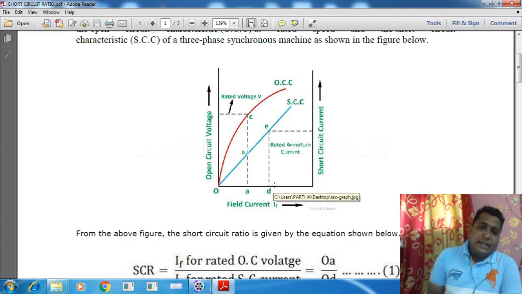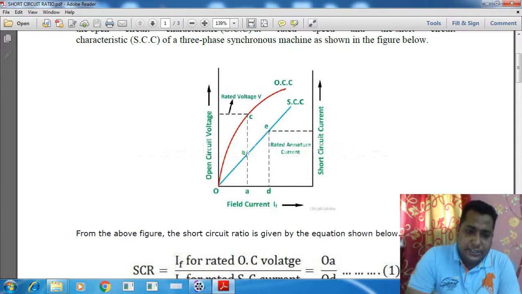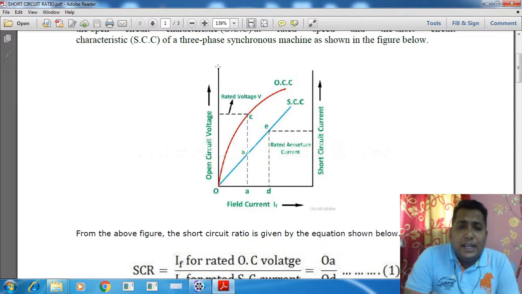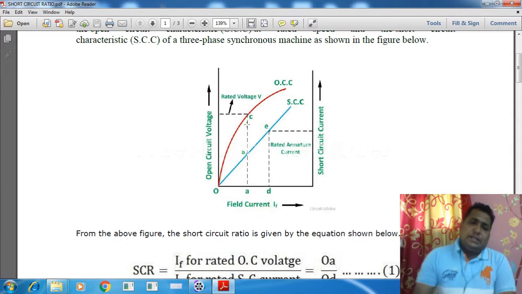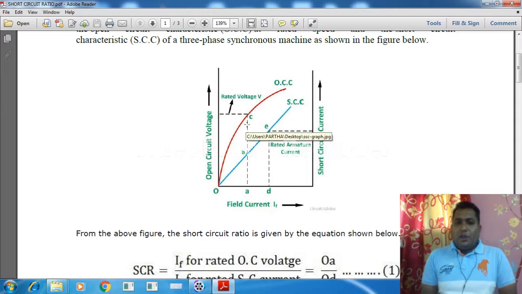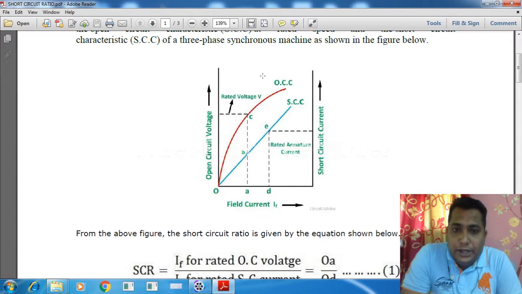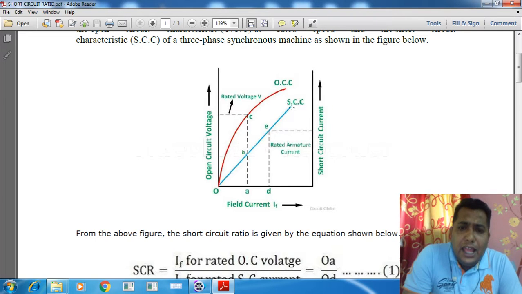This red graph is the OCC, the open circuit characteristics, and this blue straight line represents the short circuit characteristics.